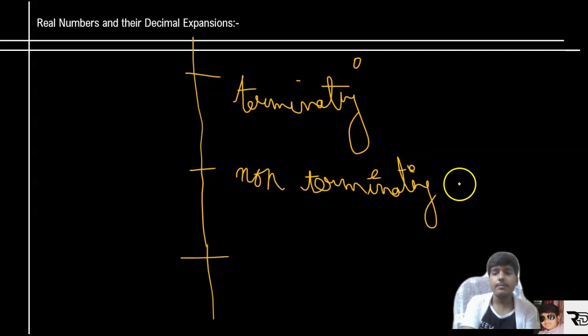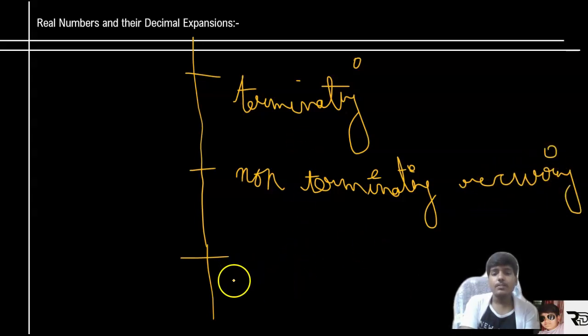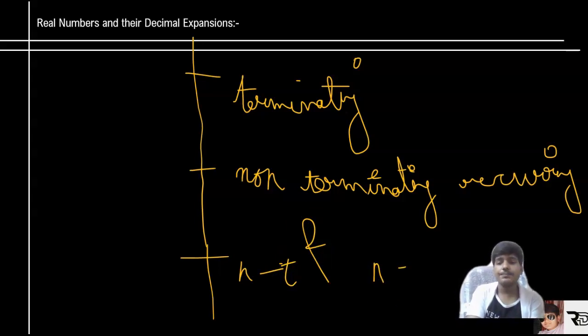It's not terminating, but the digits are repeating again, so it is known as non-terminating recurring. And the last one is non-terminating, non-recurring, NT and NR. We'll understand each of them.